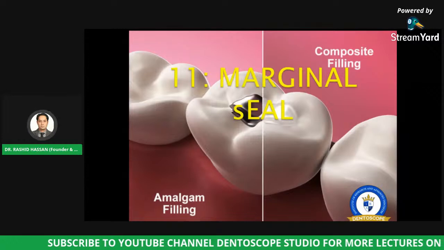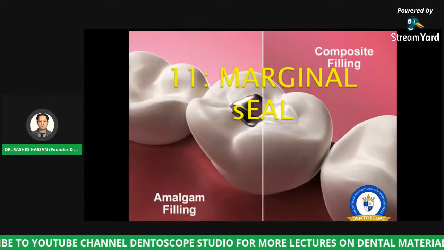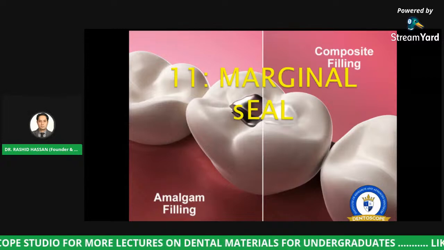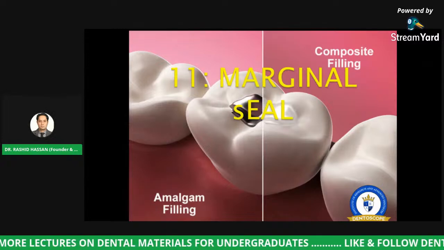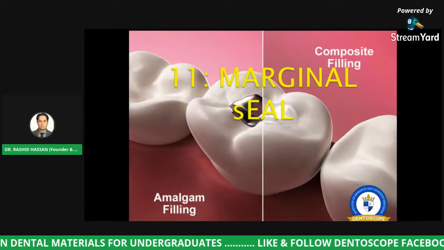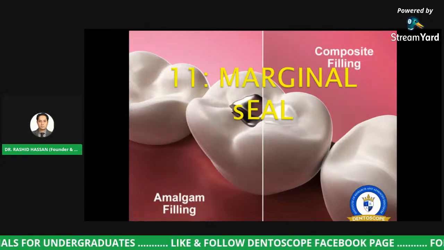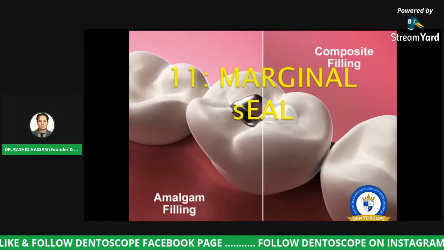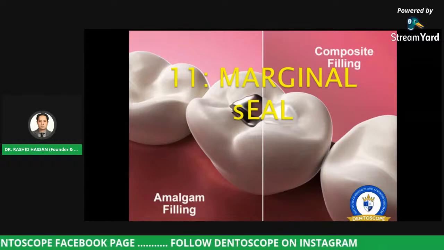Marginal seal. Well, dental amalgam has an excellent marginal seal with the tooth structure, whereas dental composites, they just have a reasonably good marginal seal, but dental amalgam has the excellent marginal seal.